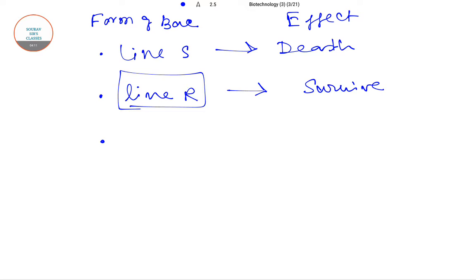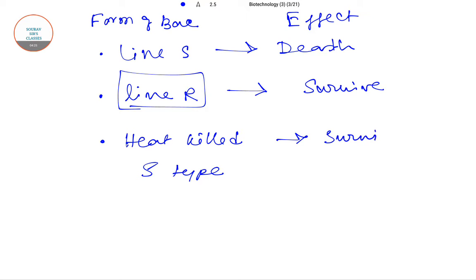When we give the heat-killed S type, the mice survive, but in the case of heat-killed S type plus live R type, the mice will be dead.